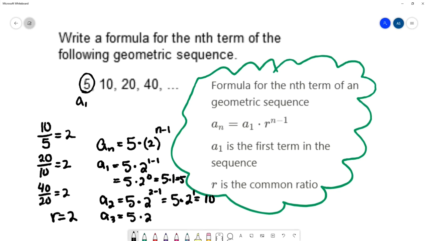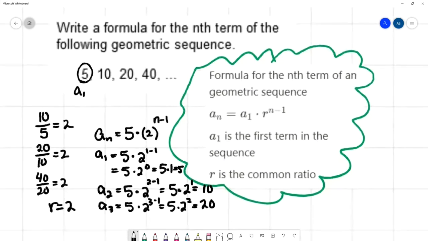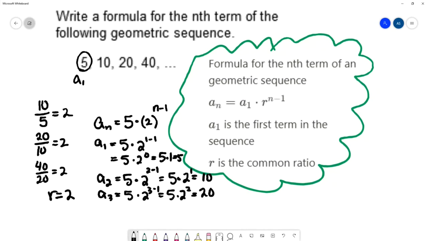So we got the correct second term of the sequence. 5 times 2 to the 3 minus 1, that's 5 times 2 squared. 2 squared is 4, 5 times 4 is 20. We got the correct third term of the sequence. And we'll just check one more. 5 times 2 to the 4 minus 1, that's 5 times 2 cubed. 5 times 8 is 40.